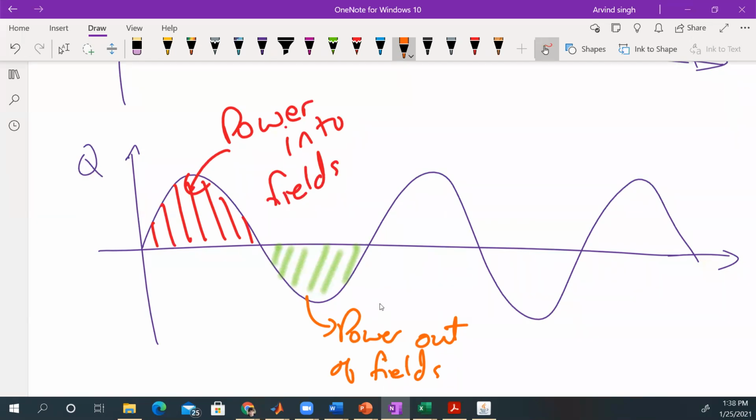And as you have seen from even ECNG 1000, when you have more of this reactive power in the system, to deliver a particular amount of real power, you would need more current. And if you are driving more current through the lines, you're going to have more losses in the line, right? I squared R losses. So even though Q averages to zero, it results in a higher current in the system, which gives you more I squared R losses, and you'll have a less efficient system overall, right?